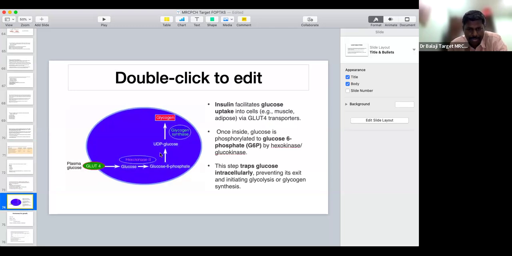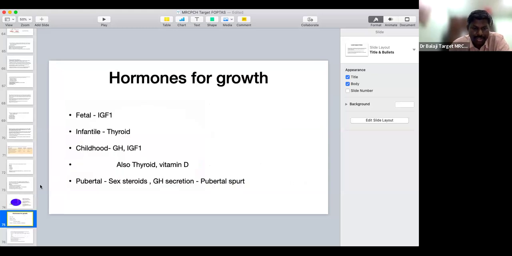So it gets trapped. So insulin's role is to trap the glucose intracellularly by converting it into glucose 6-phosphate by the hexokinase or glucokinase enzyme. So like this they ask in the task. So they go into the pathophysiology, etc.